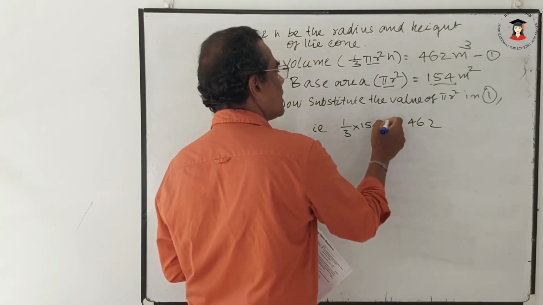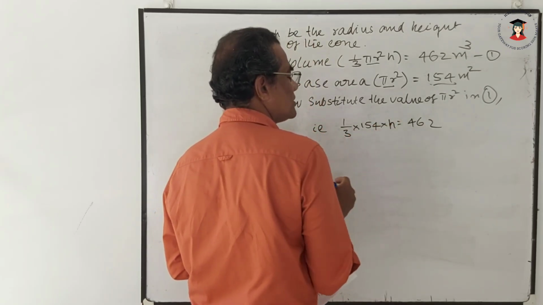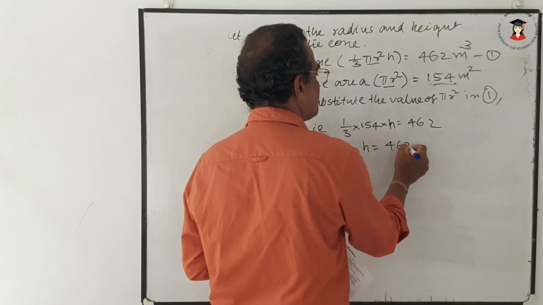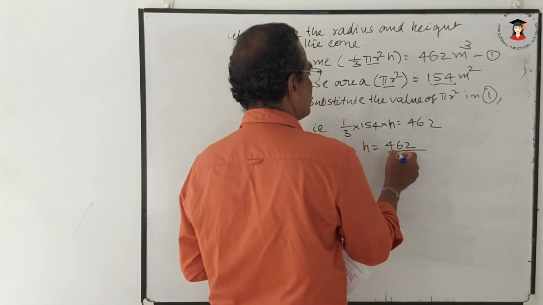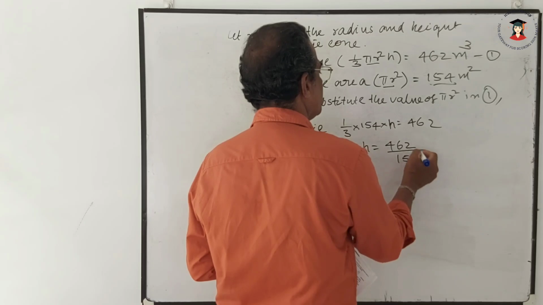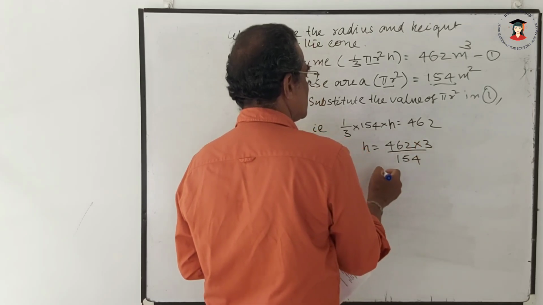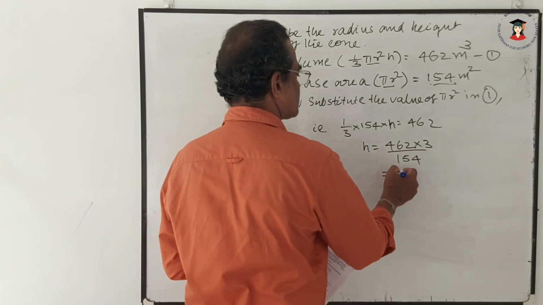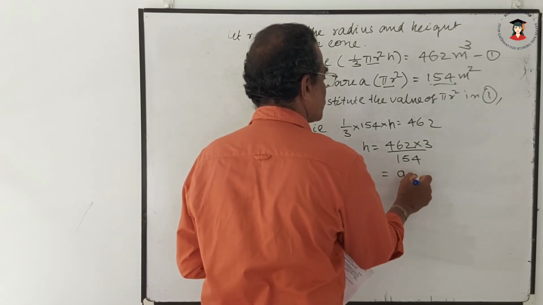So there is only one unknown here, that is h. Therefore, h is equal to 462 divided by 154 into 3. Simplification of this will give you 9 meter.